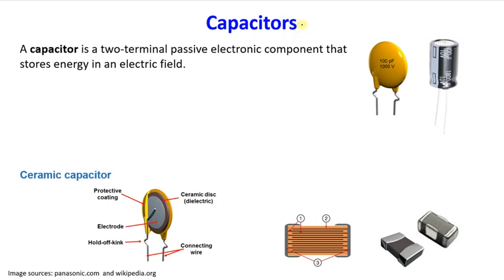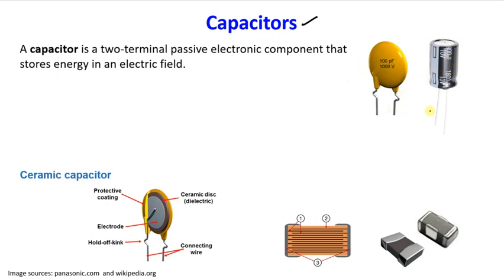So capacitors, right? Let us now discuss capacitors. So what is a capacitor? A capacitor is a two-terminal passive electronic component that stores energy in its electric field, isn't it? Images of some of the popular capacitors are shown here.